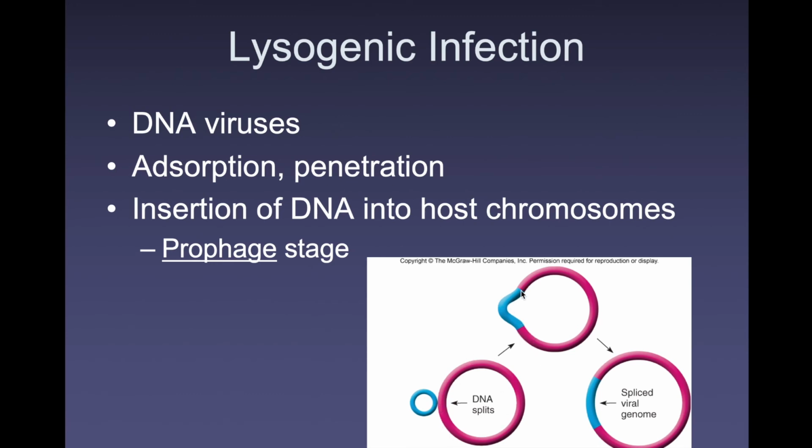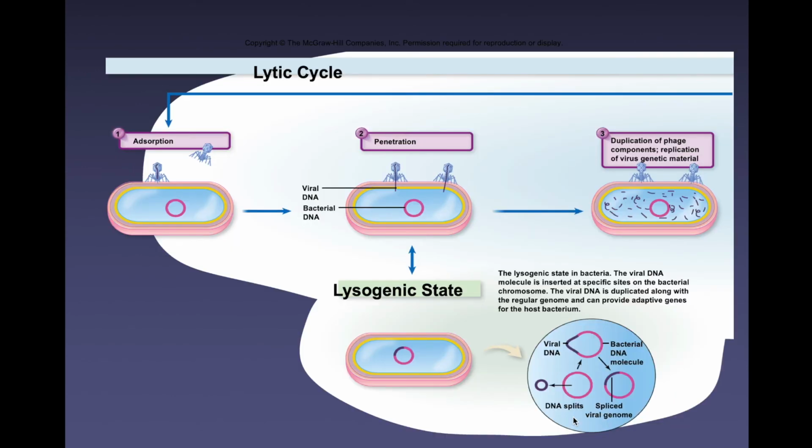So this is called splicing, where essentially that host chromosome is split open and that viral DNA just integrates right inside. This is called the prophage stage. When it's sitting inside that viral genome, it's called a prophage. Here's a picture of it.